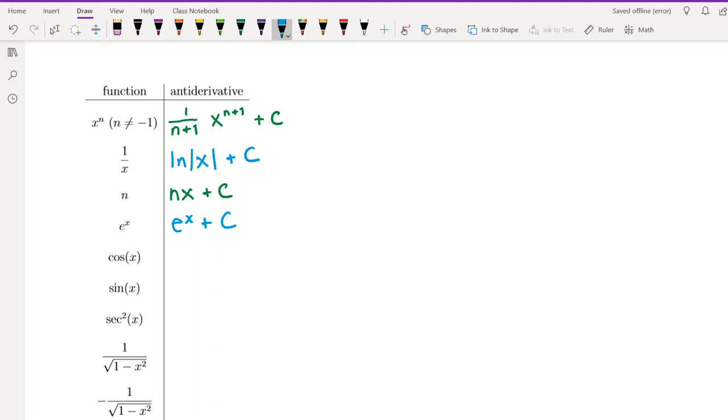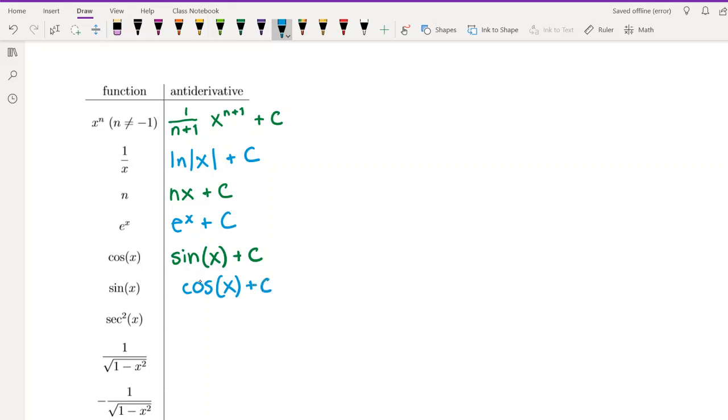Okay, next we have cosine of x. So what function do you need to take the derivative of in order to get cosine of x? Well, sine of x. So this next one, there's a little something extra going on here. So we have to think about what function do you need to take the derivative of in order to get sine of x. So you might initially guess cosine of x plus c.